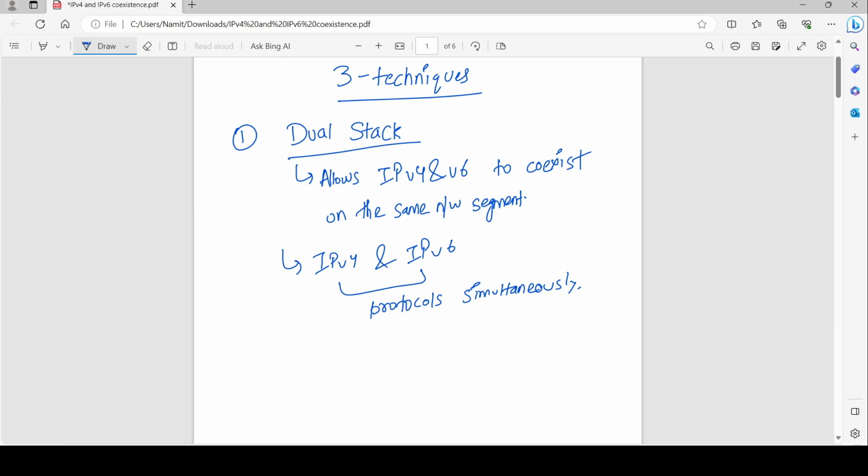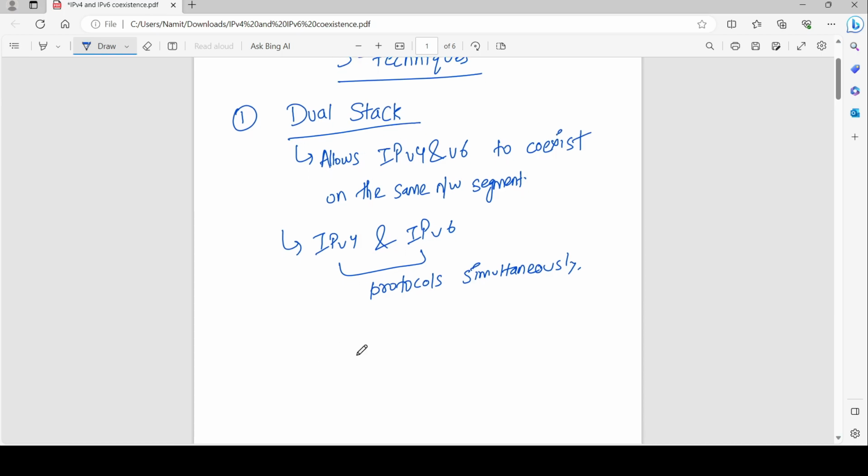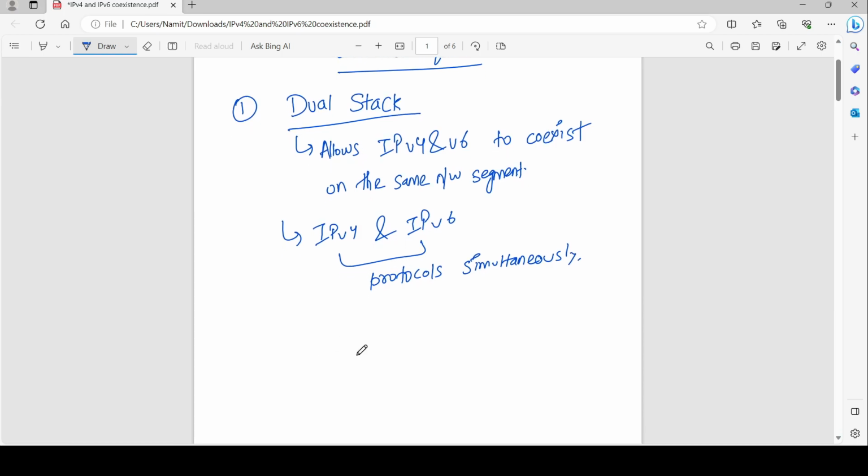This is what happens in dual stack. It allows IPv4 and IPv6 to exist in the same network segment, and all the devices operating on dual stack handle both protocol stacks simultaneously in a seamless manner.